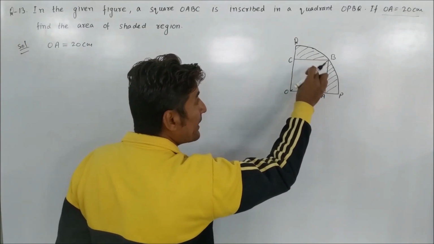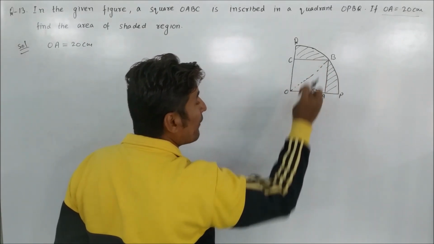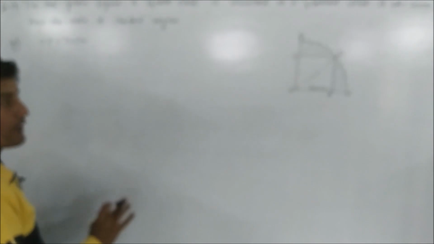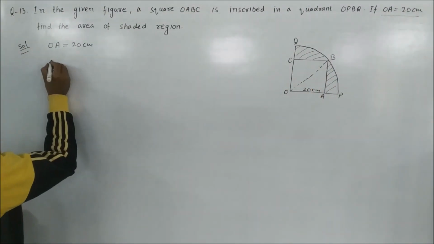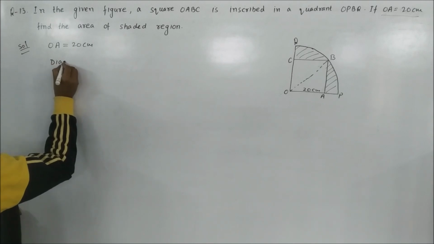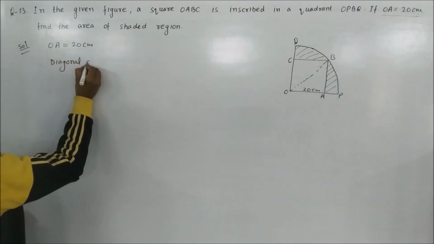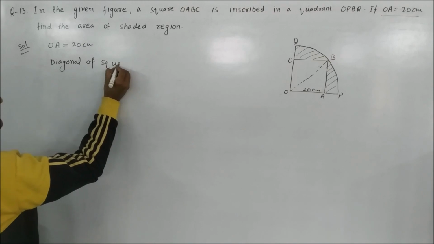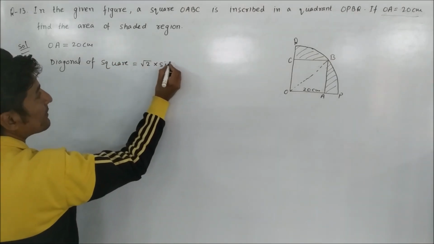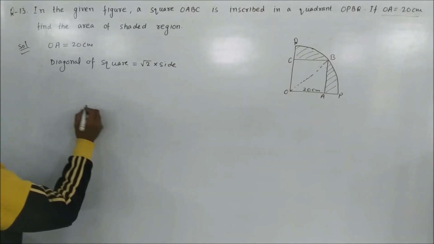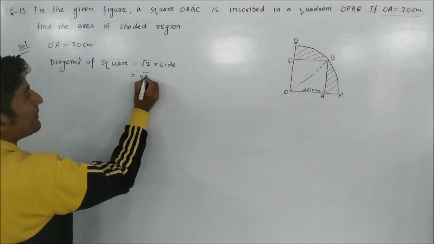Radius of this quadrant and diagonal of the square both are equal. So first of all we are going to find the diagonal of this square. Diagonal of square is equal to root 2 into side. This is the formula of diagonal of square. Now here we can write root 2 will be as it is.